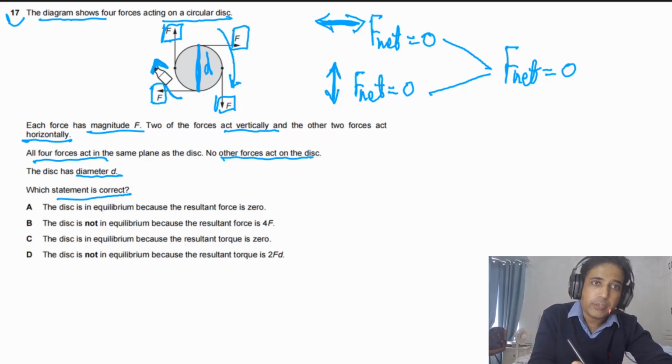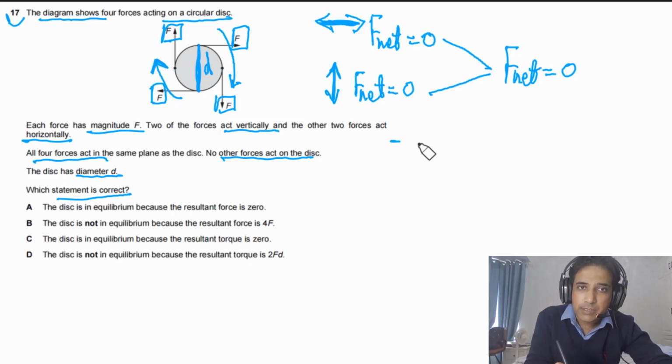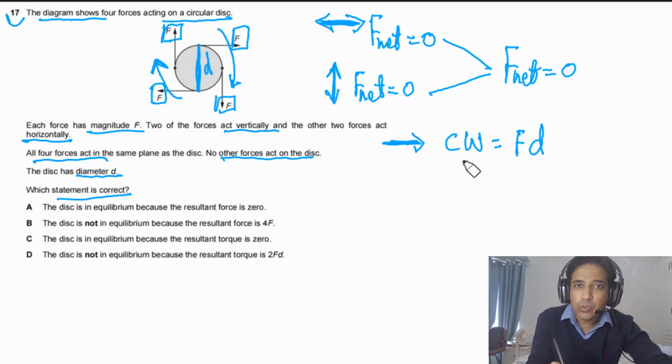So along horizontal we have a clockwise moment, equal to one force times the distance between the two forces. So the clockwise moment along horizontal is Fd.